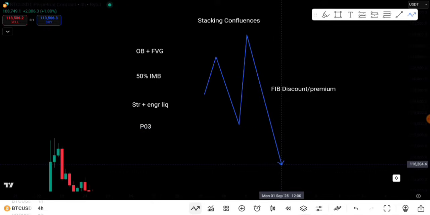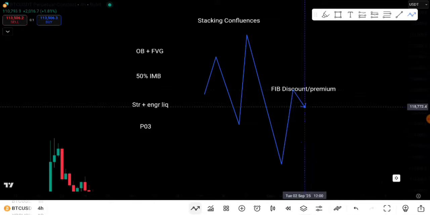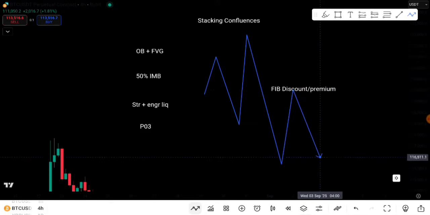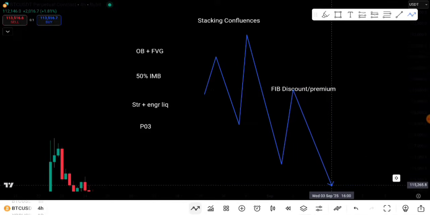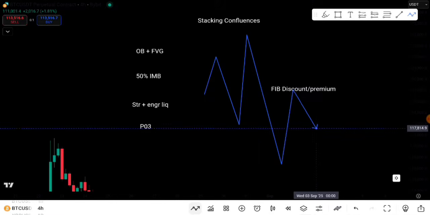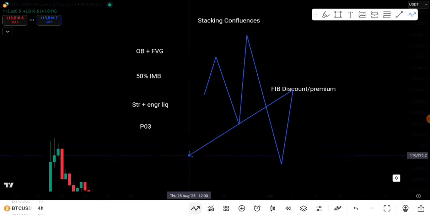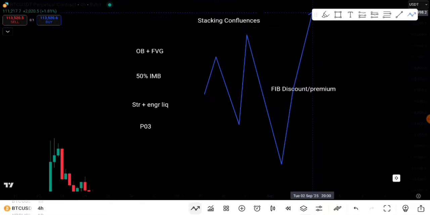Then there's a confirmation entry. You wait for another break of structure to happen. Why are you waiting for another break of structure on the downside before you take a trade? Because market can be tapping into another bullish point of interest for a continuation.